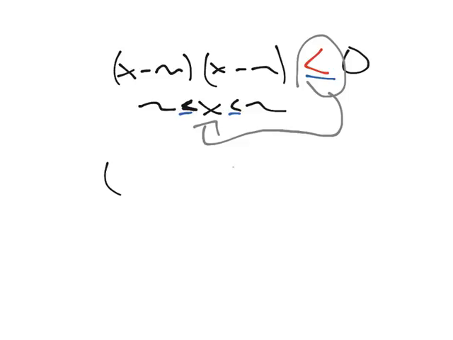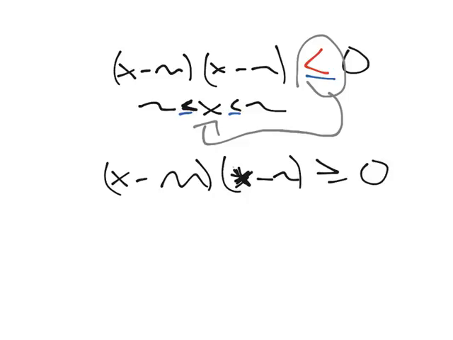We also said that, similarly, if we had x minus a number and x minus another number is greater than or equal to 0, the solution was with an or. x could be greater than or equal to the big one, and x less than or equal to the small one.